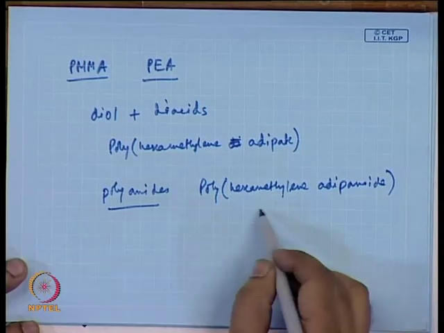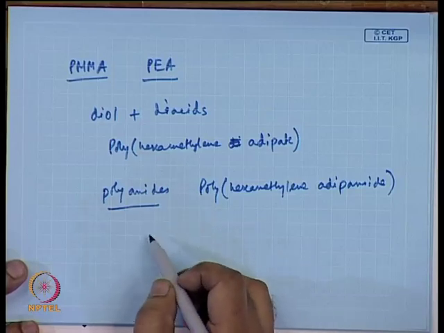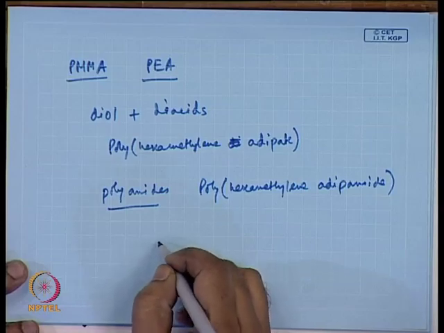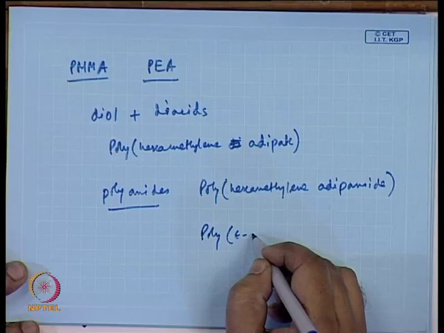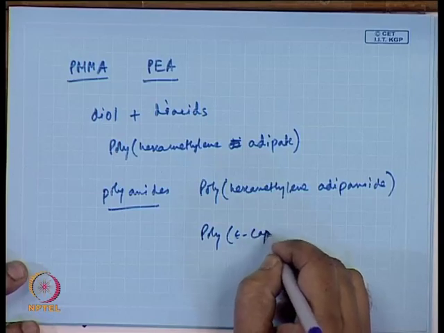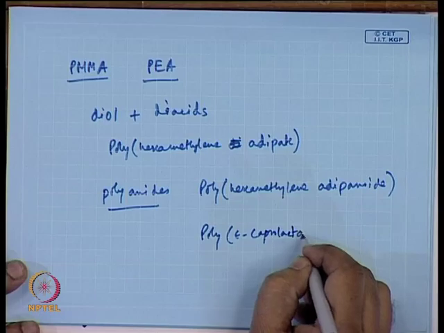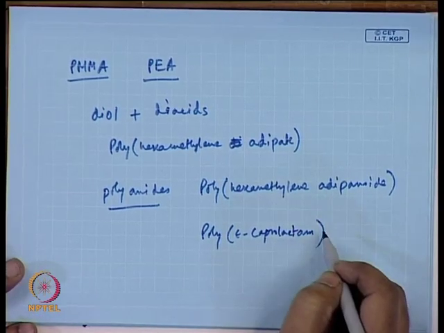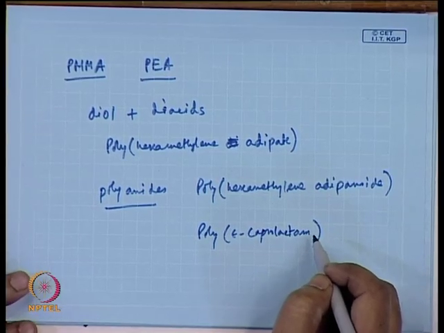This same polyamide, having the same molecular formula, we can get from ring opening polymerization of caprolactam. So, basically these two are again examples of structural isomers in polymer chemistry.